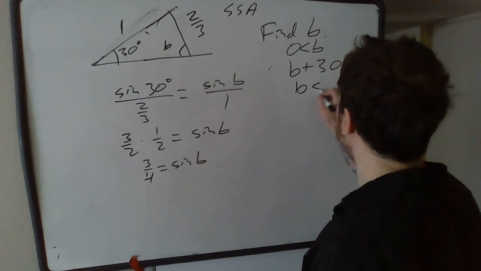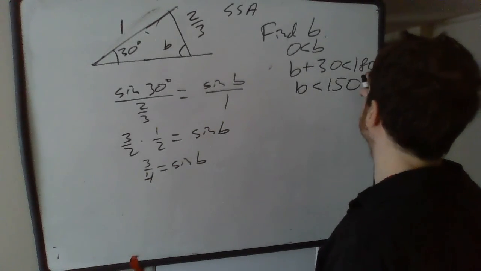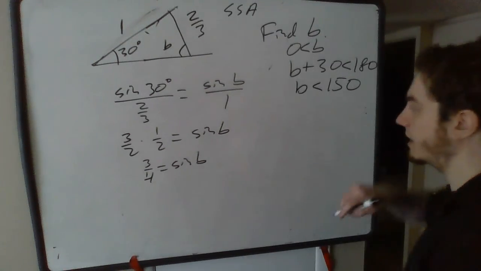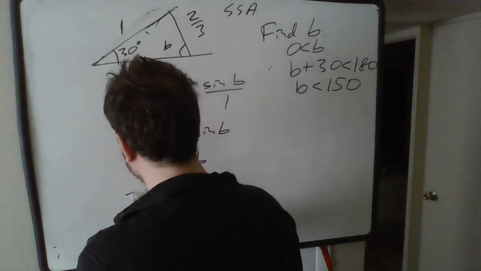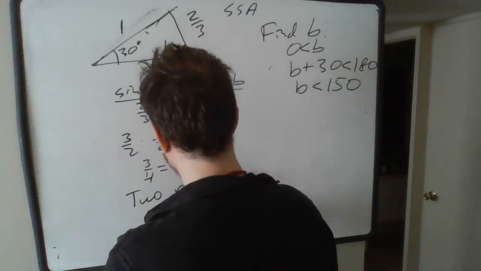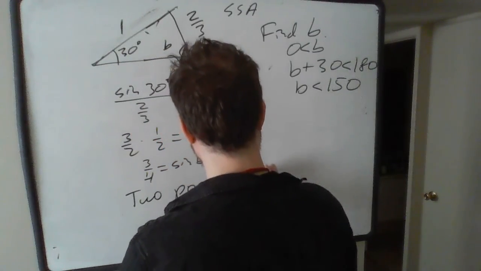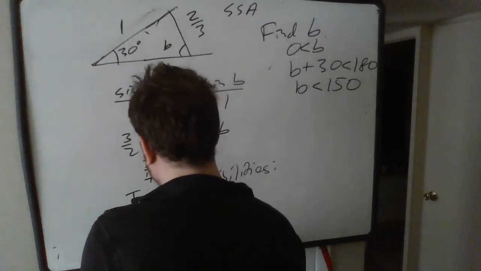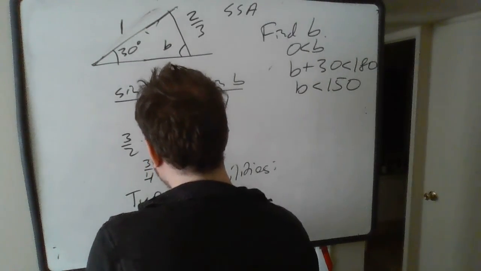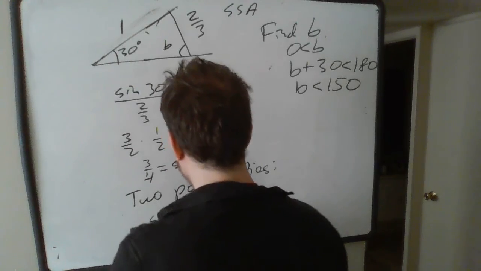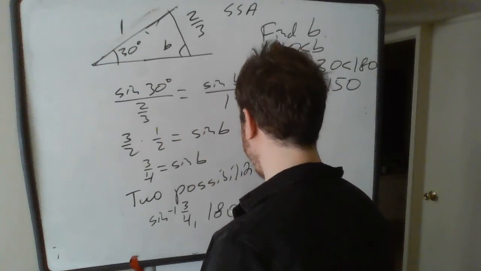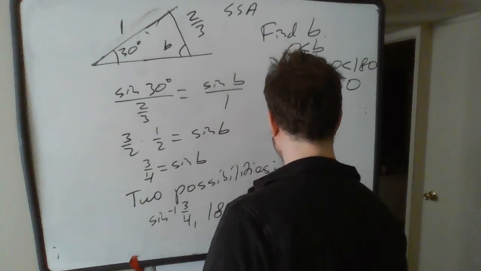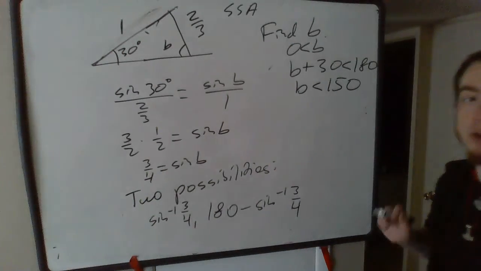So this means that b has to be smaller than 150. We also know b has to be bigger than 0. So we get two possibilities. We get the inverse sine of 3/4, and we also get 180 minus the inverse sine of 3/4, in degrees.